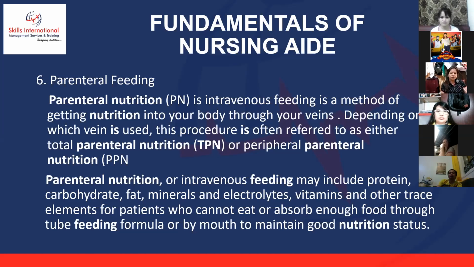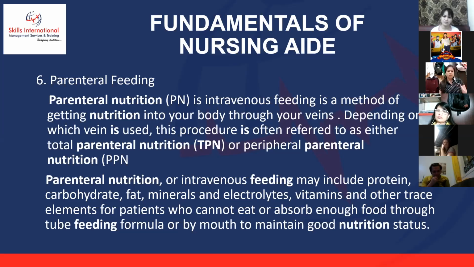So we are going to put it in a plastic container or a bottle, and through this, it is going to be passed through the tube, through the vein to the stomach. Okay, so this is only used for those patients who are unable to absorb food. They are always vomiting. So the doctors have ordered that the patient will be put into parenteral feeding.